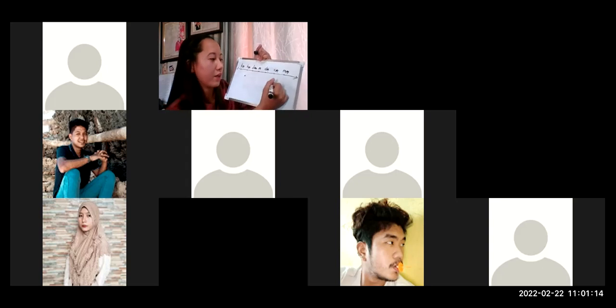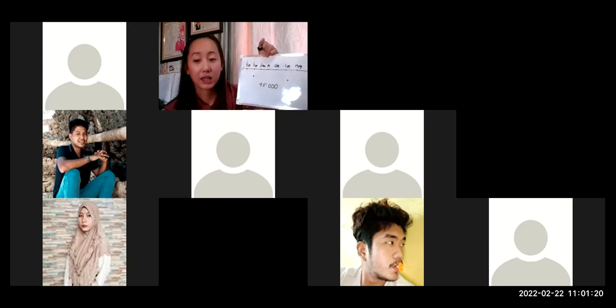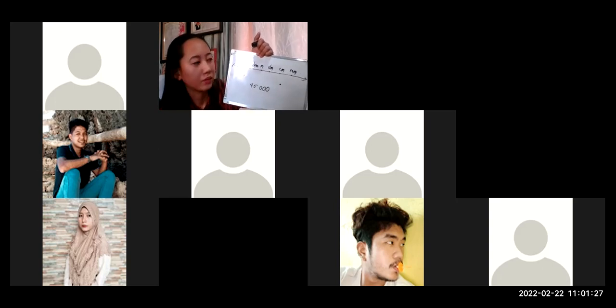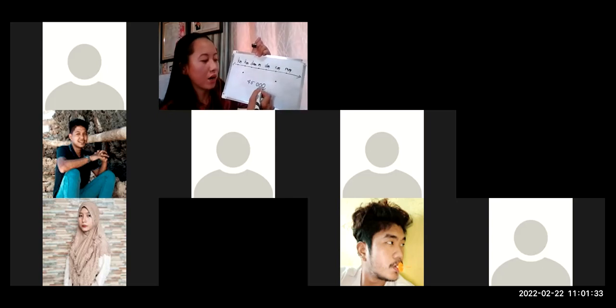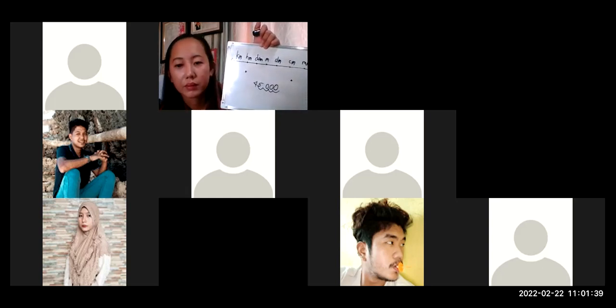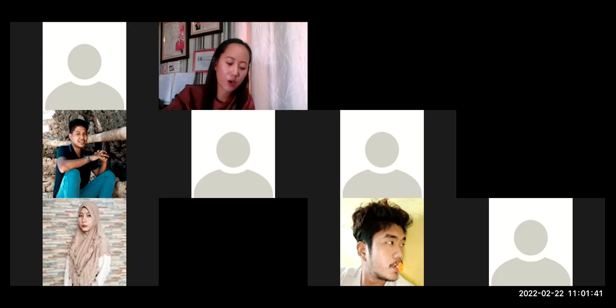Centimeter. Okay, centimeter ang given natin, 45,000 centimeters. So how many units to the left? 4. Okay, it's correct. So just move 1, 2, 3, 4. What's the answer? 4.5 po. It's 4.5.